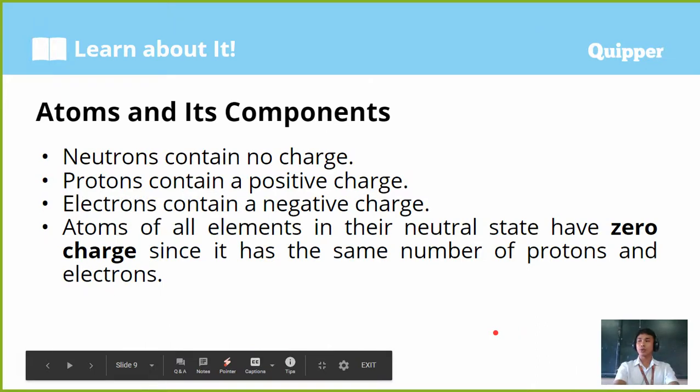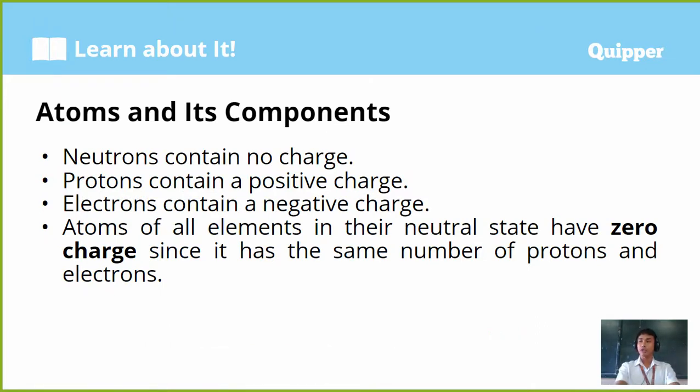Atoms and their components. Neutrons contain no charge, neither positive nor negative. Protons contain positive, electrons contain negative. Just remember these signs, either positive or negative, and you will not be lost. Atoms of all elements in their neutral state have 0 charge since they have the same number of protons and electrons.